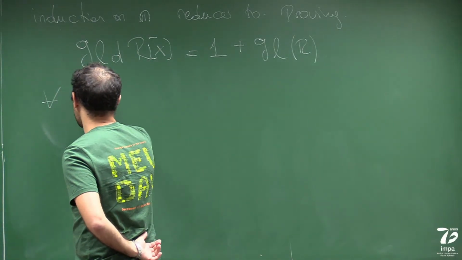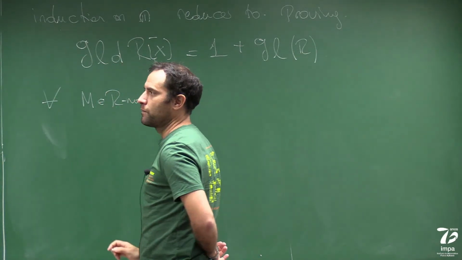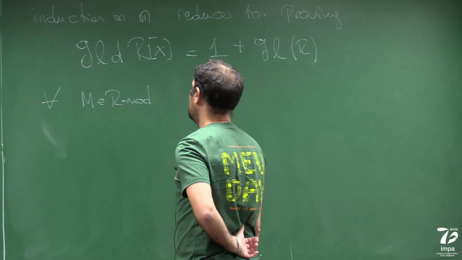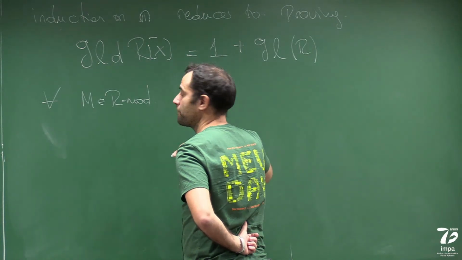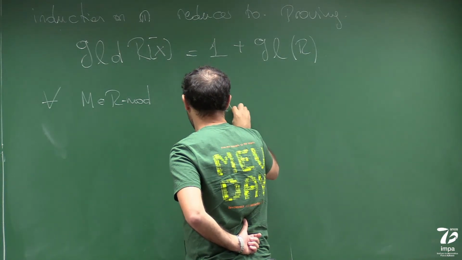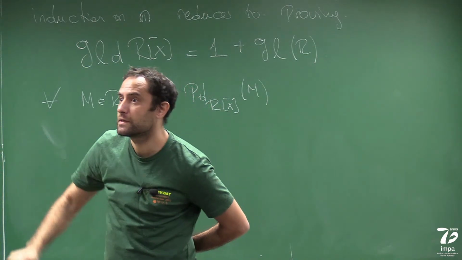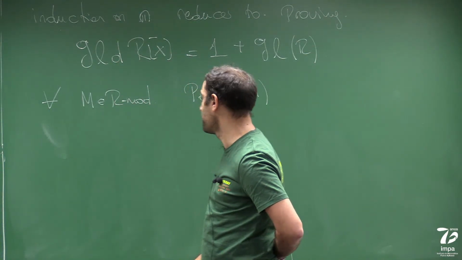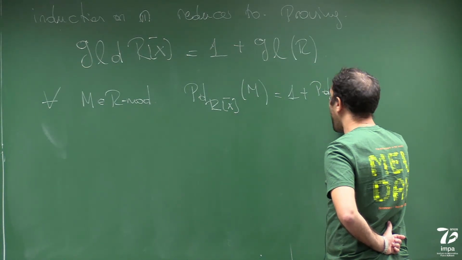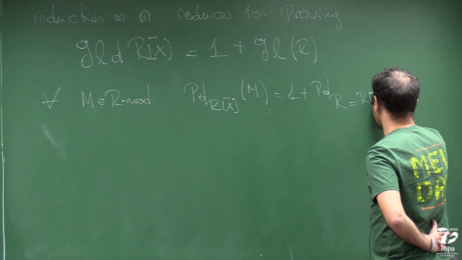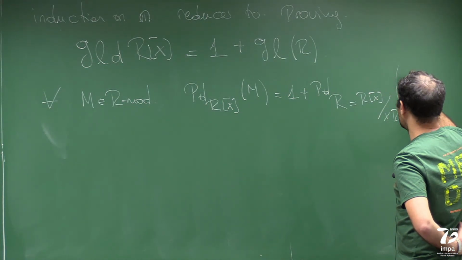So now for every M which is an R module, what we see is that the projective dimension over R[x] of M, that's what that theorem is saying, I'm taking R in that theorem as R[x], is 1 plus the projective dimension over the ring R, which is equal to the ring R[x] divided by xR[x], of my module M.